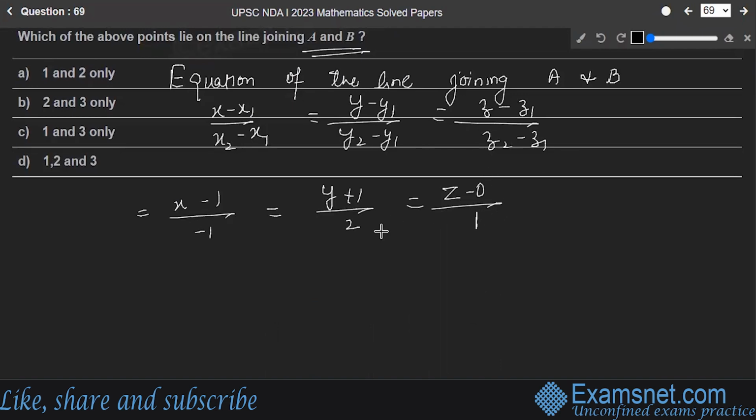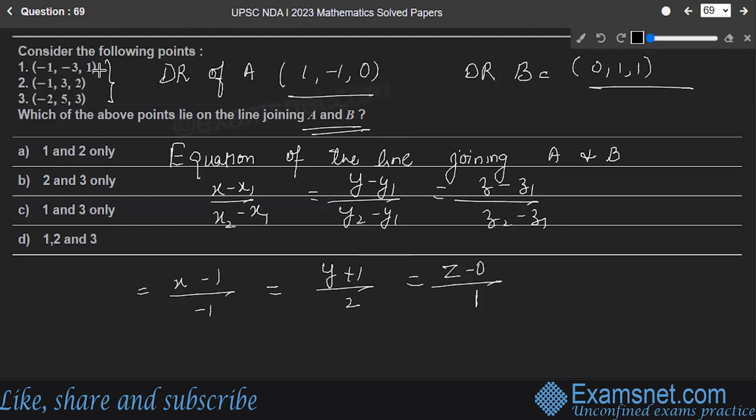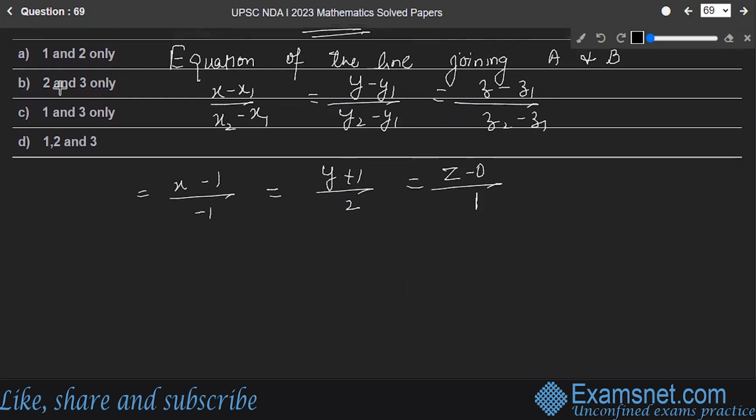Now the first given point is minus 1, minus 3, 1. If this point lies on the line, it will satisfy this equation. Let's check.